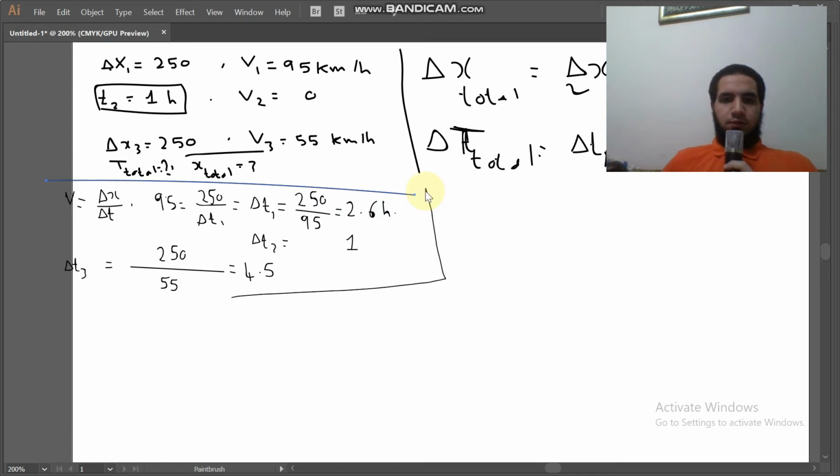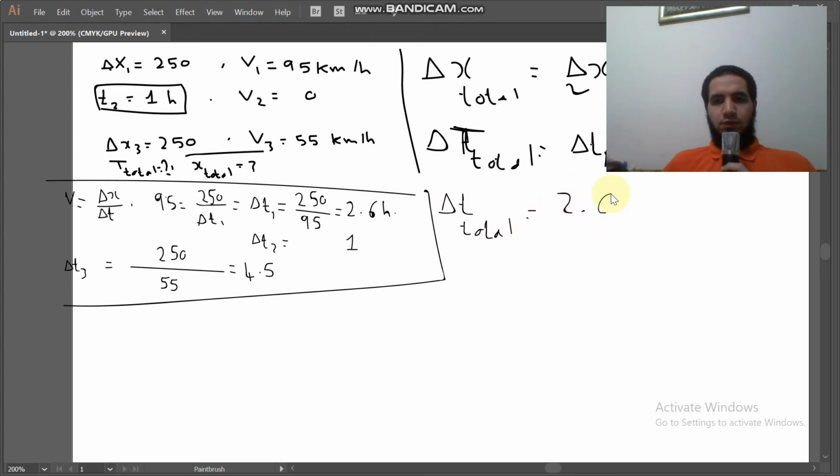And by doing this we can get delta t total equals 2.6 plus 1 plus 4.5 equals 8.1 hours.